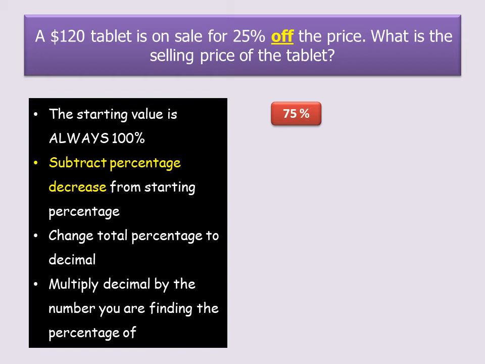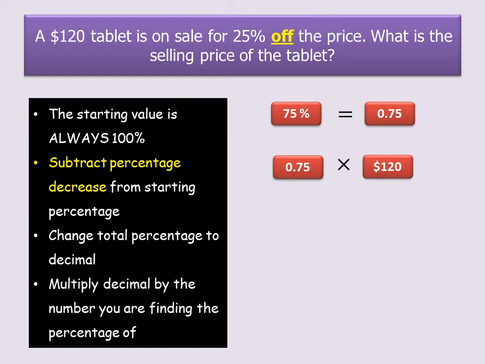75%. All right. And then we're going to change the percentage to a decimal. And then the decimal, we're going to multiply by the amount that we start off with. So the amount in this case is $120. That's what we need to find the percentage of, because that's the item on sale.